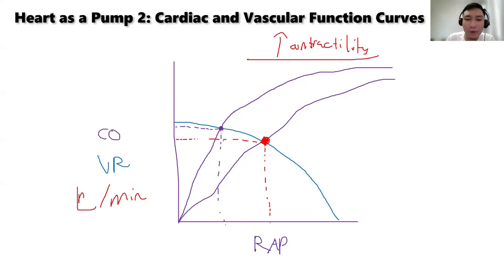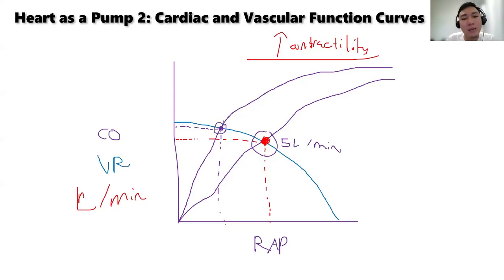Kung kanina, for example, at this point, 5 liters per minute lang. Nung in-increase na natin yung contractility, lumakas yung pumping action ng heart, tumaas yung cardiac output mo, that same blood na pinump mo na tumaas should also return back to the heart. So, dapat mag-i-increase din yung venous return mo.